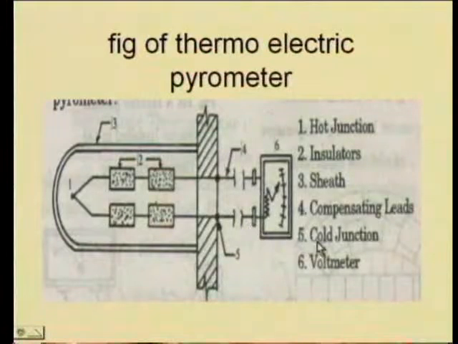And here are compensating leads, and this is a cold junction. If we put this inside the furnace, we can find the temperature through the voltmeter. So this is the explanation of the thermoelectric pyrometer.